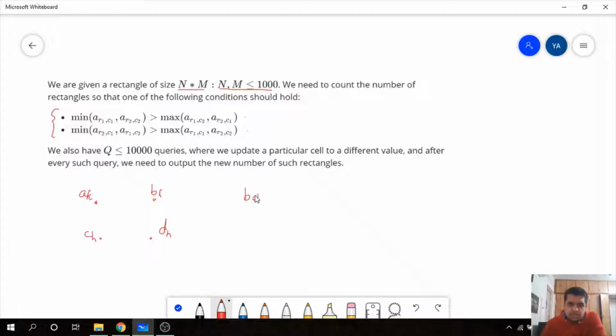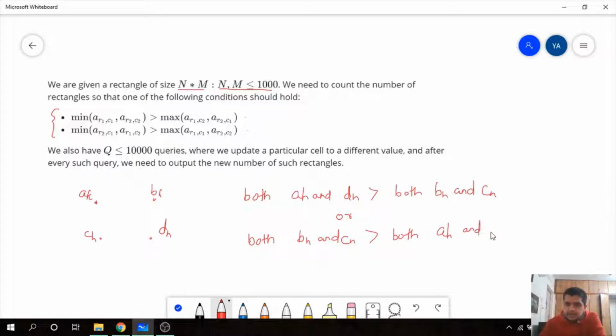That both AH and DH should be greater than both BH and CH, or both BH and CH should be greater than both AH and DH. So for example, 5, 1, 3, 4. So this is a good rectangle.